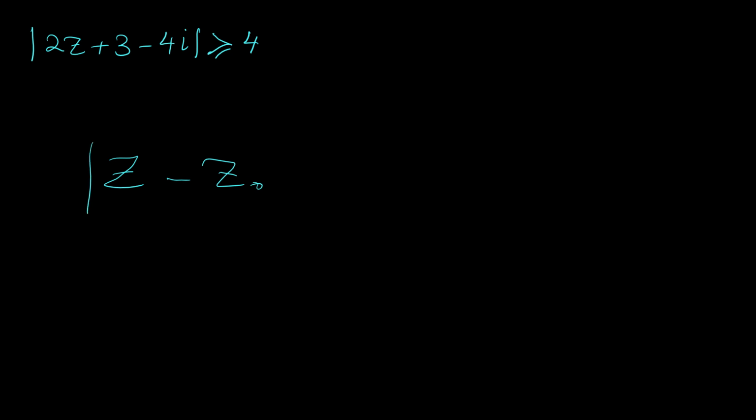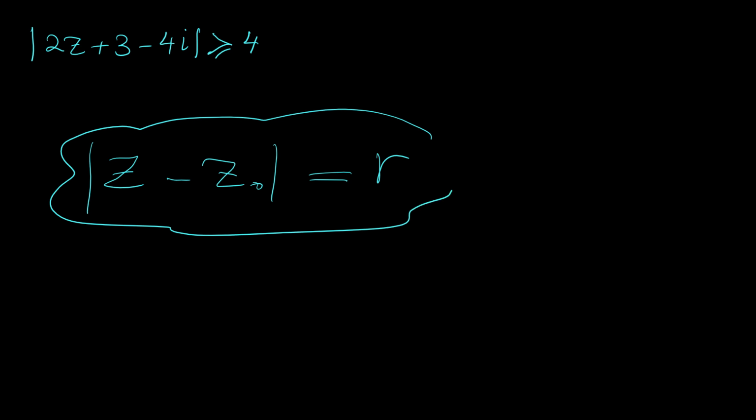For example, consider this equation. Absolute of 2z plus 3 minus 4i greater than or equal to, for example, 4. What does this equation show? Remember that when we have absolute of z minus z0 equal r, this is a circle.